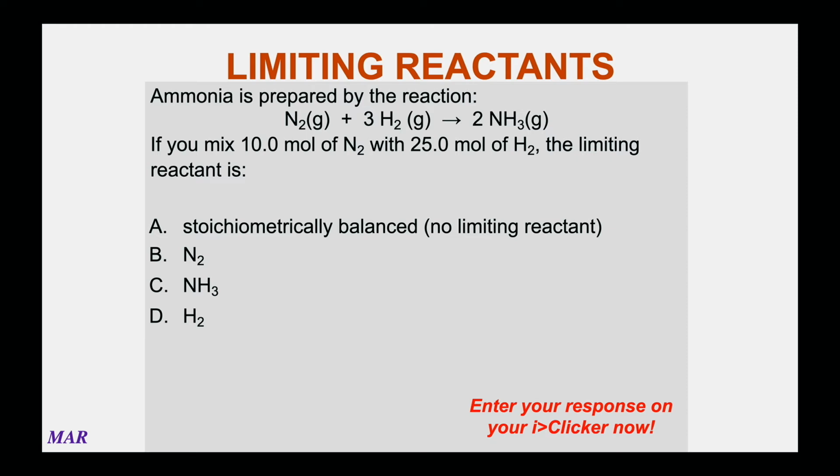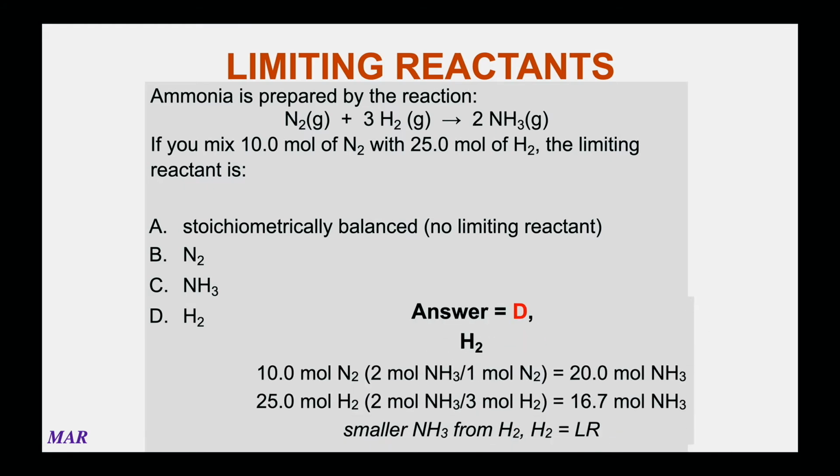So you need 3 times the hydrogen to react with nitrogen. And you're probably saying, aha, because if we have 10 moles of nitrogen, that means we would need 30 moles of hydrogen. And we only have 25. We have less hydrogen than we need to react with that much nitrogen. So even though the number is bigger, hydrogen is the limiting reactant.